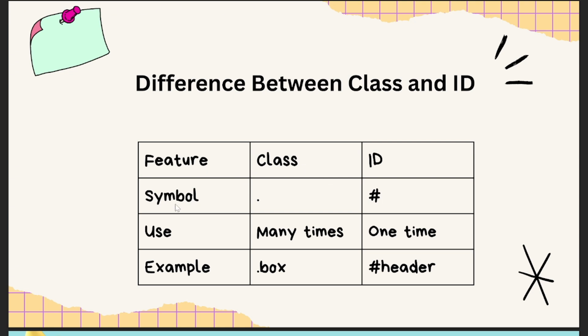Now, I want you to know that a class can be used many times, while an ID is used only one time. I mean one ID name.